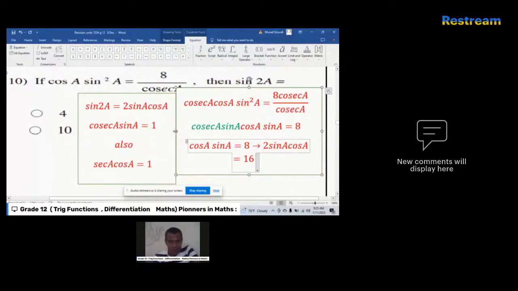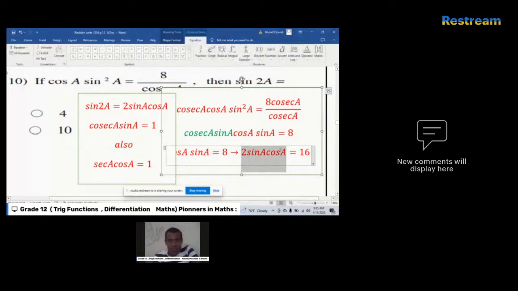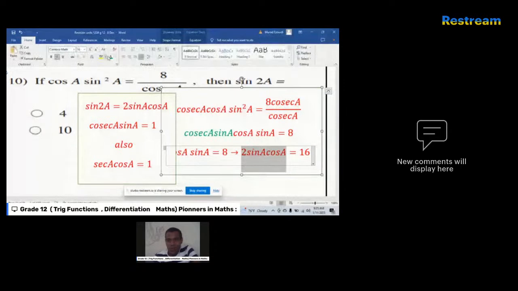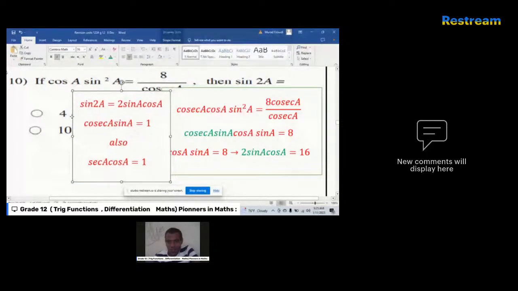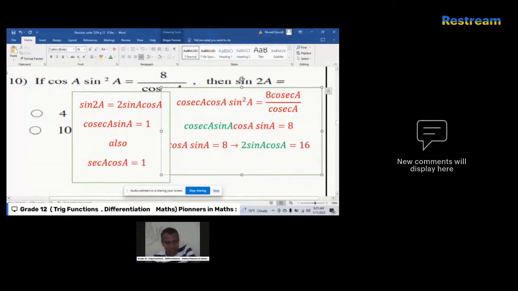But 2 sine A cosine A, learners, is what we wrote in the notes from the beginning: sine 2A. Therefore, sine 2A is equal to 16. This is the correct answer.